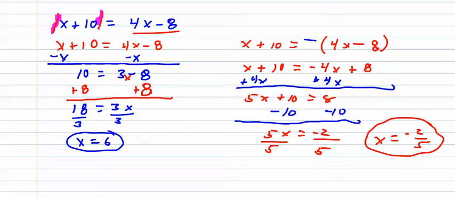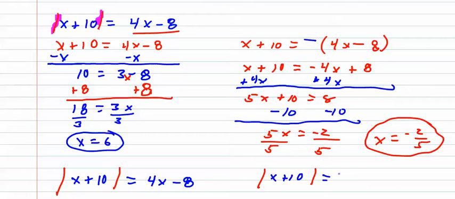Now, we have to check our equations. So we go back to the original equation, the absolute value of x plus 10 equals 4x minus 8.